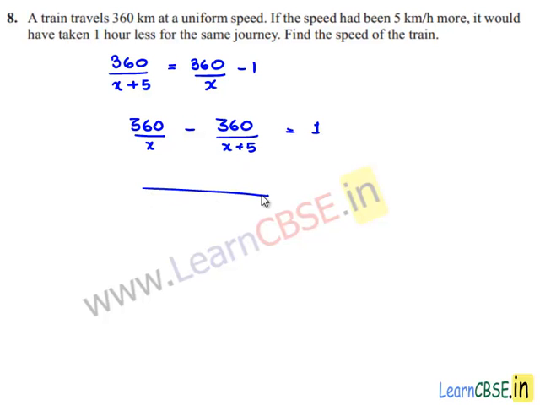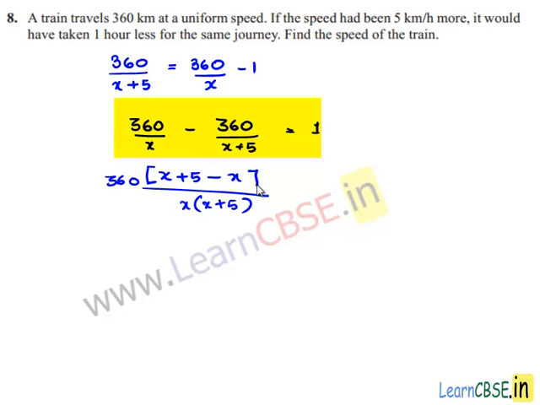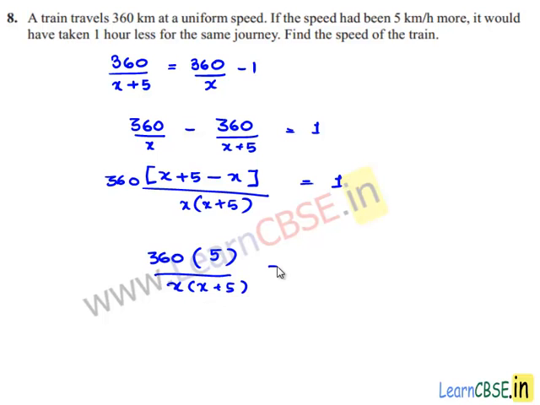So the LCM will be x times of x plus 5. Here 360 can be taken common. So here x plus 5 and here minus x is equal to 1. So 360 times of 5 divided by x times of x plus 5 is equal to 1.